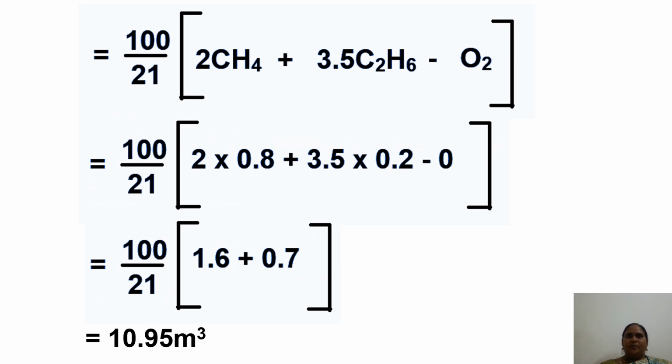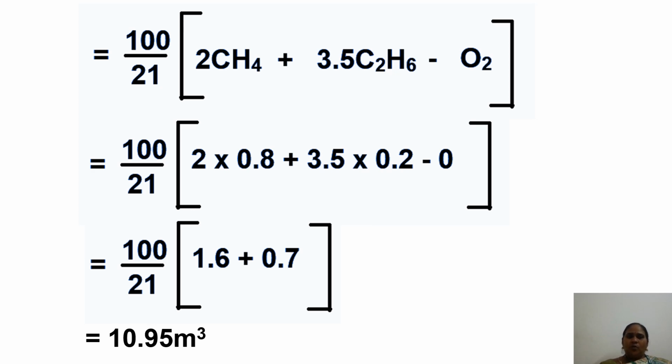Now we'll write the formula as 100 by 21 into 2 of methane plus 3.5 of ethane minus oxygen. We have considered here only the methane and ethane since in the problem we have these constituents alone. And here 100 by 21 denotes the volume of air required, given that oxygen is 21% of the volume.